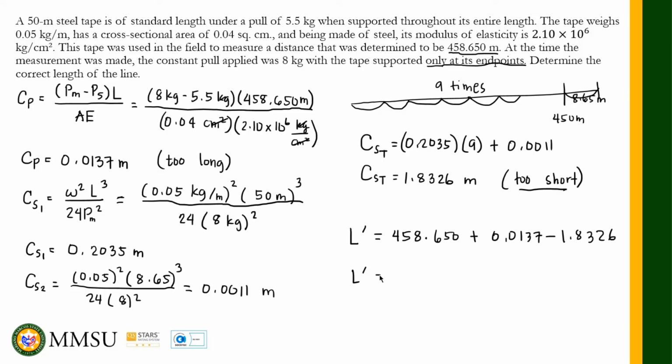Therefore, the correct length of the line is 458.650 plus 0.0137 minus 1.8326, which is 456.8311 meters. So that is our correct length of the line.